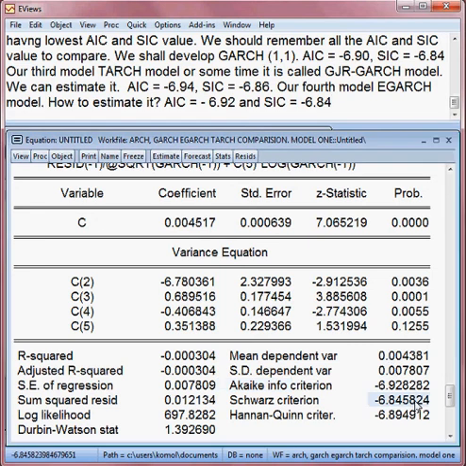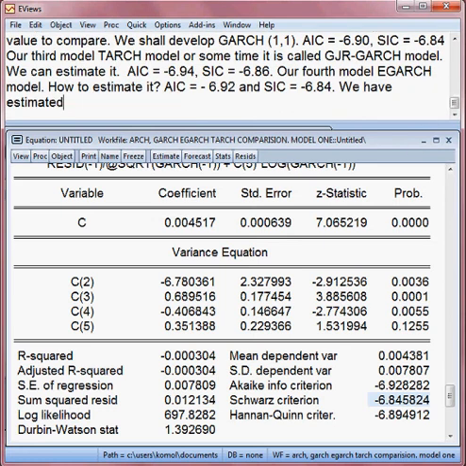You can see, so one is 6.92 and 6.84. Okay. So we have estimated 4 models from the ARCH family so far.